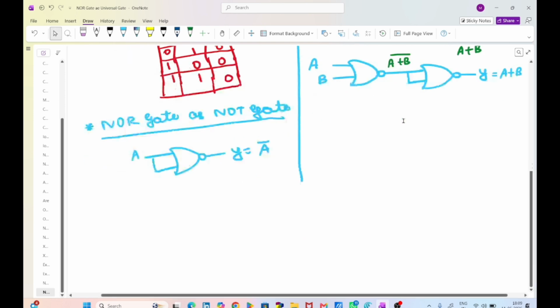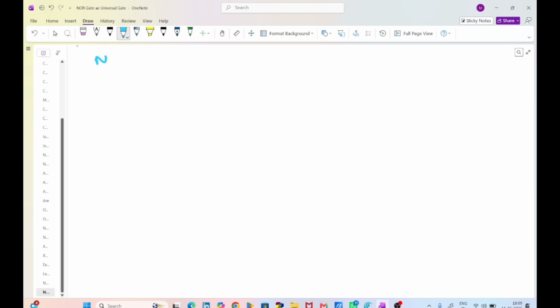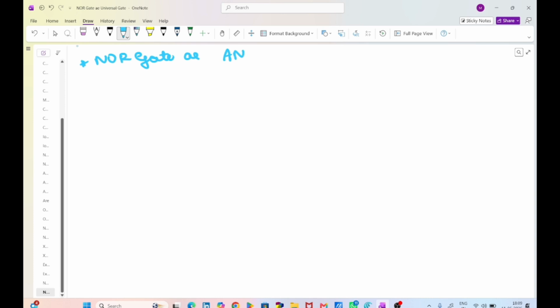Now let's move to the NOR gate as AND gate and NAND gate. I will explain it using the equation.